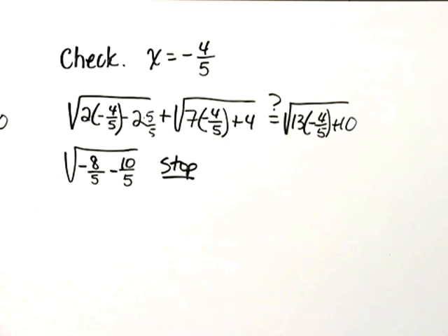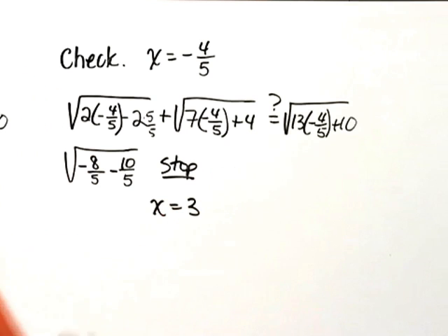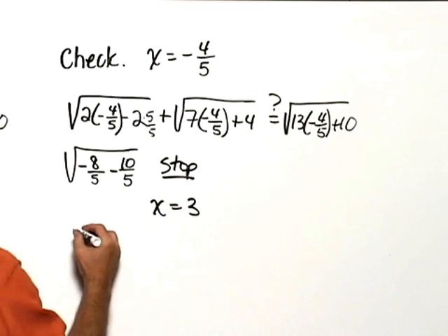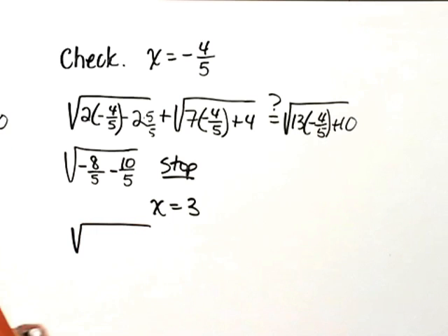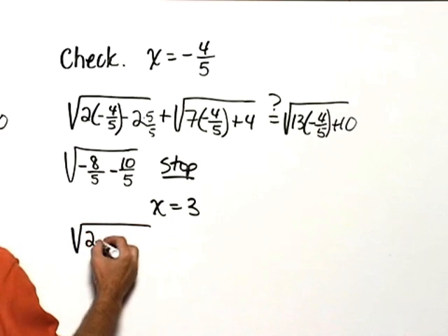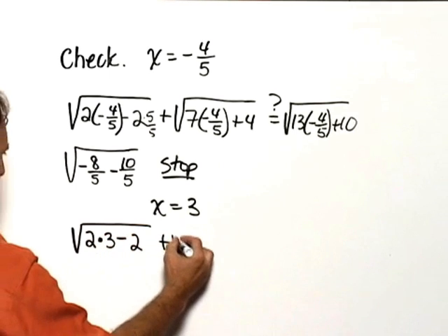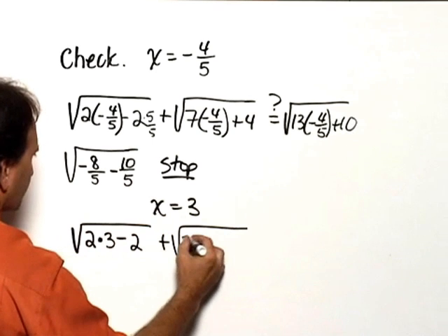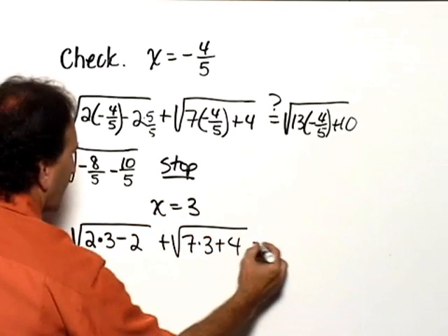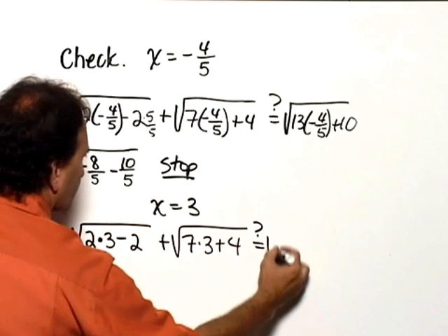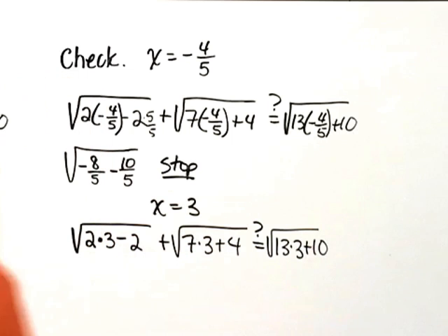But we still need to check our other answer, x equals 3. When we check x equals 3, we would want to know if the two sides are equal, so it's the square root of 2 times 3 minus 2 plus the square root of 7 times 3 plus 4. Does that equal the square root of 13 times 3 plus 10?